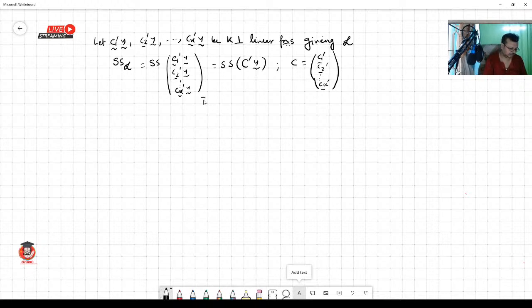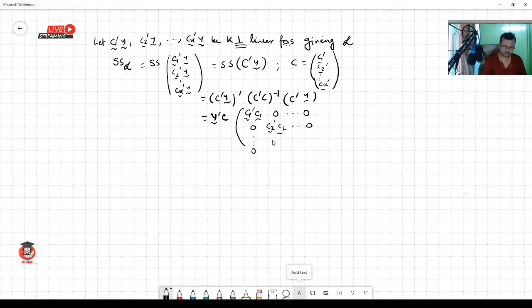And we already saw that this is equal to C prime y curl prime C prime C inverse C prime y curl, and since C1, C2, CK are orthogonal linear functions, this C prime C is a diagonal matrix, and the diagonal elements are C1 curl prime C1 curl, C2 curl prime C2 curl, and the kth diagonal element is CK curl prime CK curl.